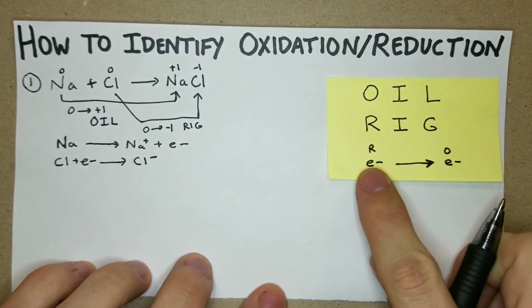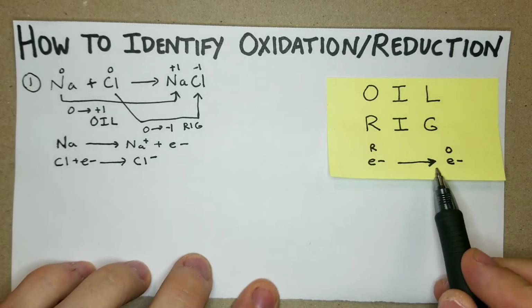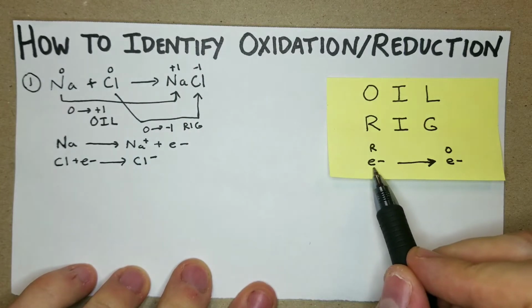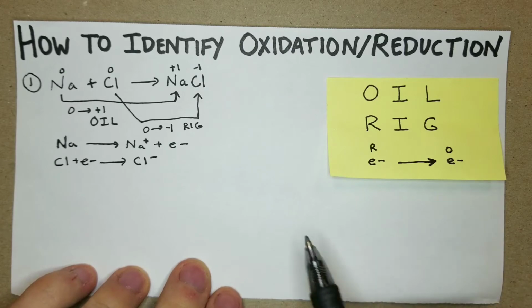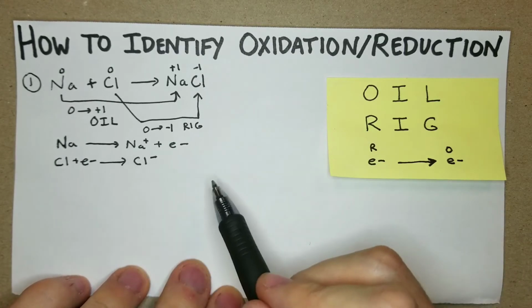So that's what this diagram here is. This arrow is indicating the yielding sign in a reaction. If the electron comes before, it's going to be reduced, and if it comes after, it's going to be oxidized. I used to use that to double check my problems.